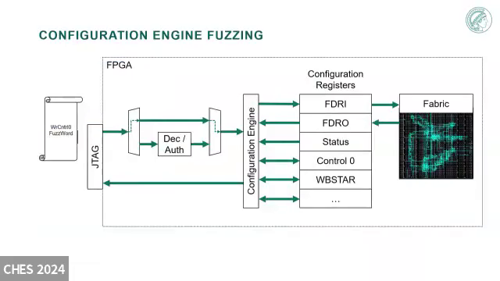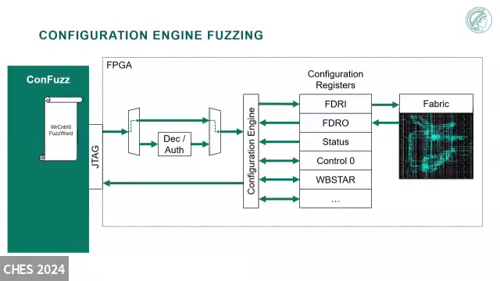Okay, so let's start building our fuzzer, right? And so in this example, we want to fuzz this control 0 register again, right? And for this course, we started to implement ConFuzz, right?